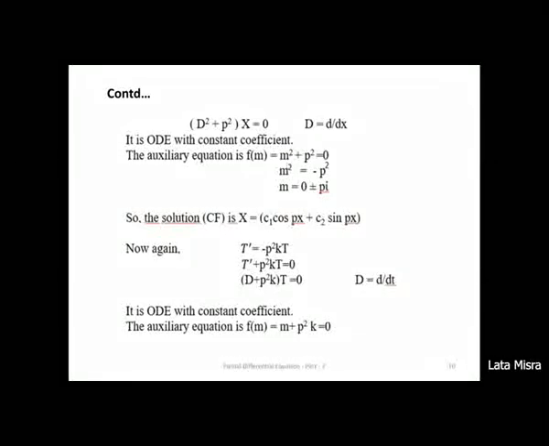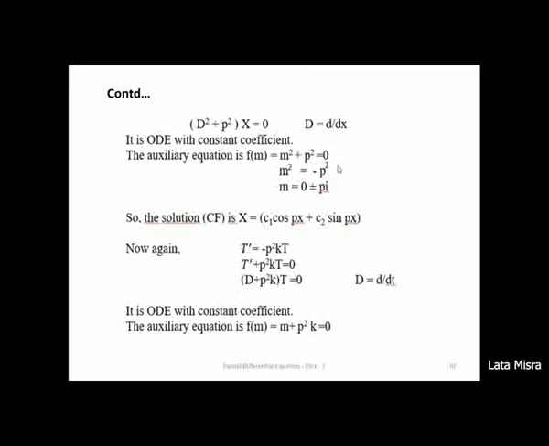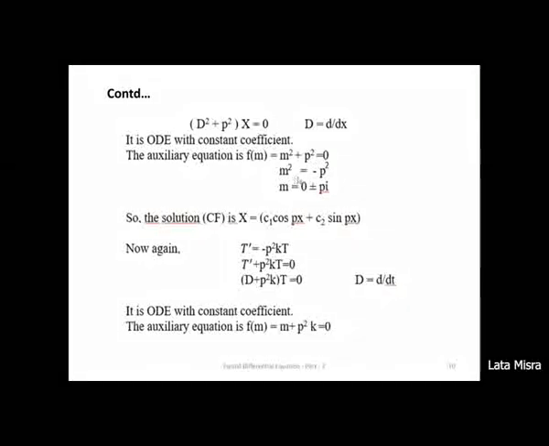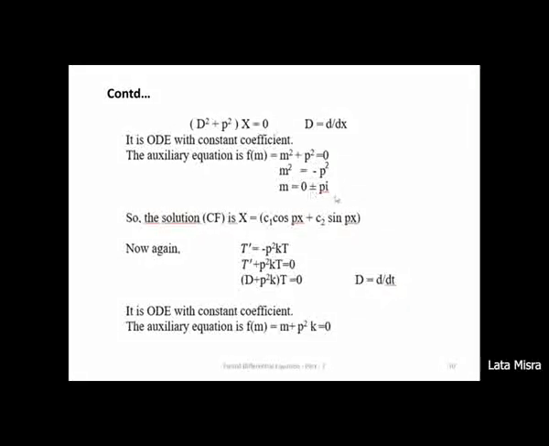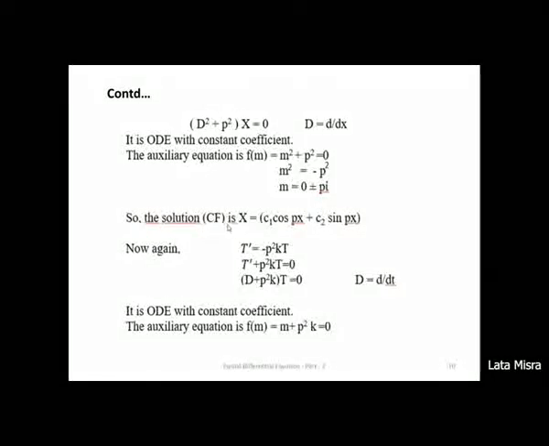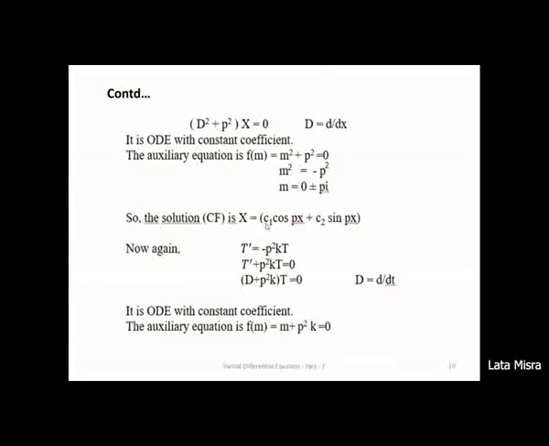We write the auxiliary equation as m² plus p² equal to 0, and we get m as a complex number, that is 0 plus minus p i, and the complementary function of X is c1 cos px plus c2 sin px, since e^(0x) is equal to 1. Now again solving the next differential equation, we have T dash equals minus p²kT.